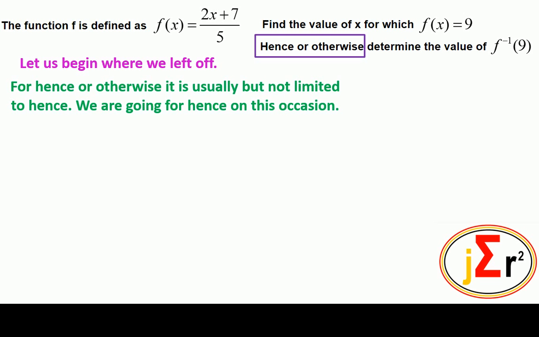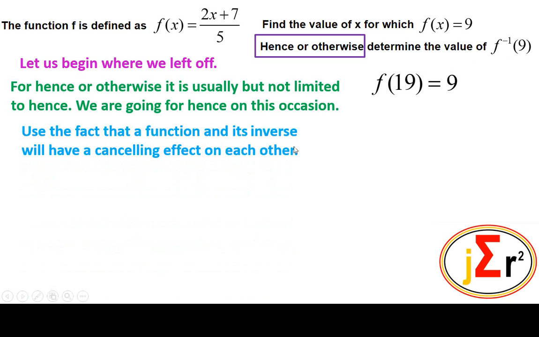So let us go for hence on this occasion. Do not forget that f of 19 is equal to 9. It means that since we are saying hence, this should be very useful in finding the value of f inverse of 9.